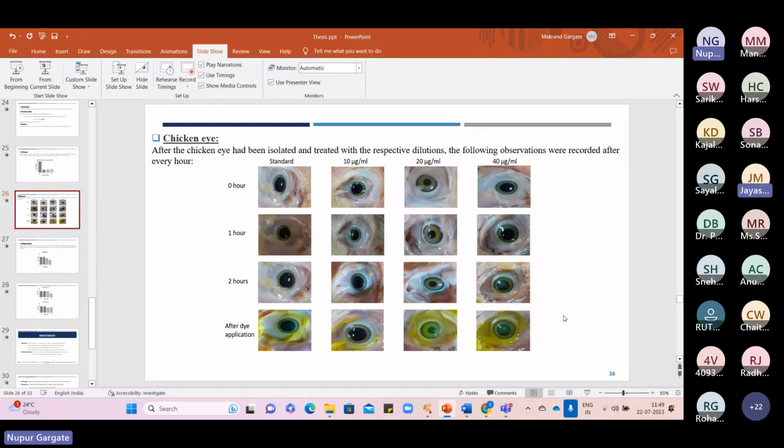You have used 10 microgram per ml, 20 microgram per ml and 40. Yes, at 10 microgram we saw no damage as such. So we only saw damage at 20 and 40, indicating that these two concentrations are toxic. Okay, thank you so much. Thank you, ma'am.